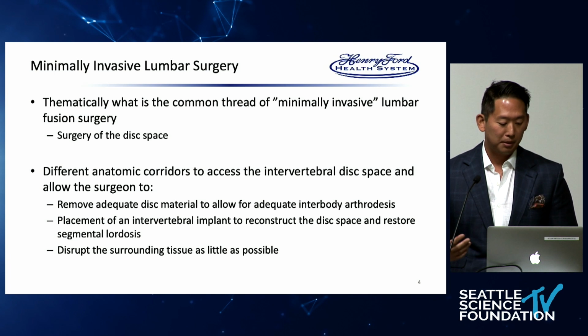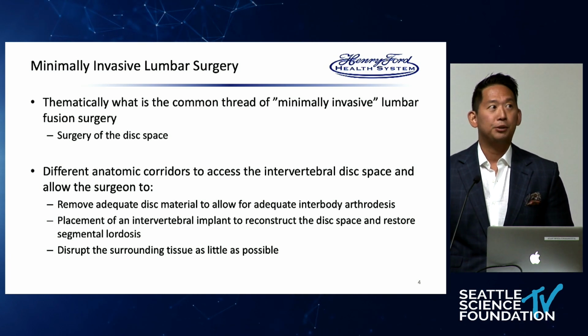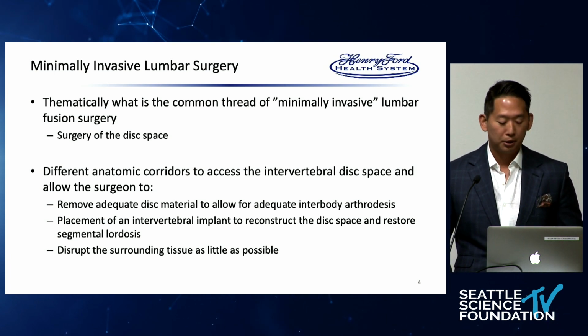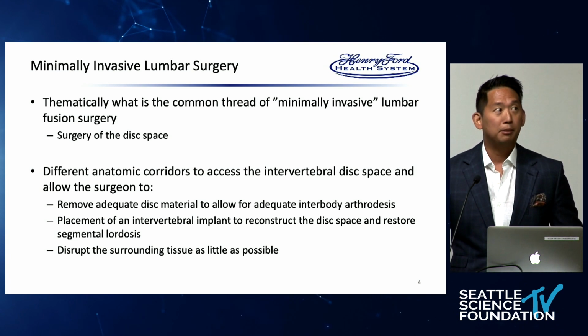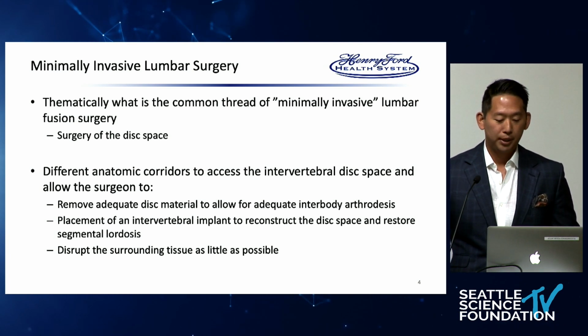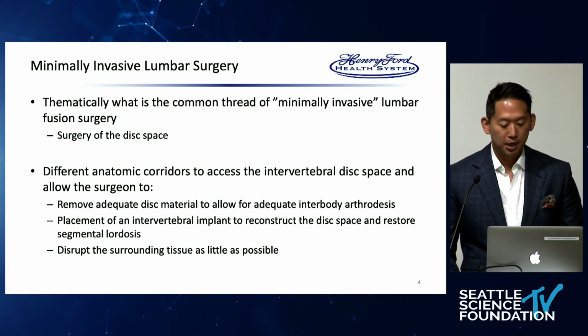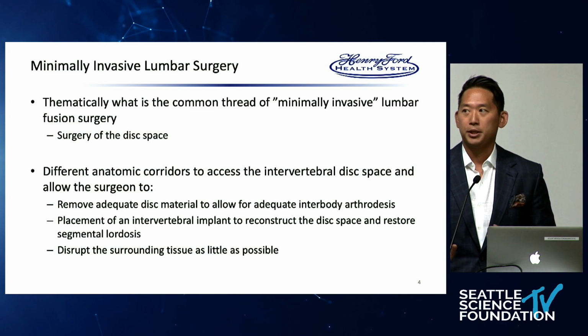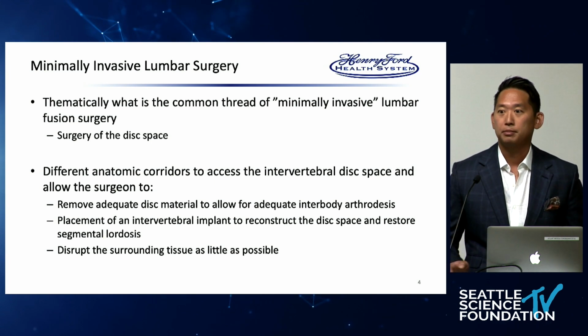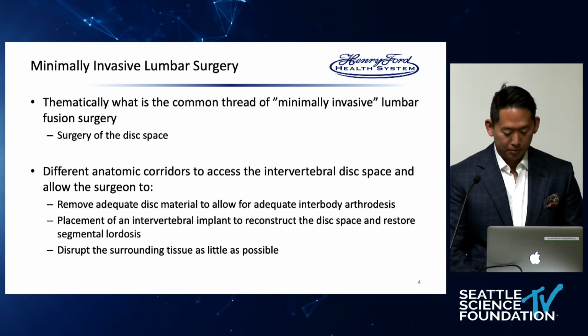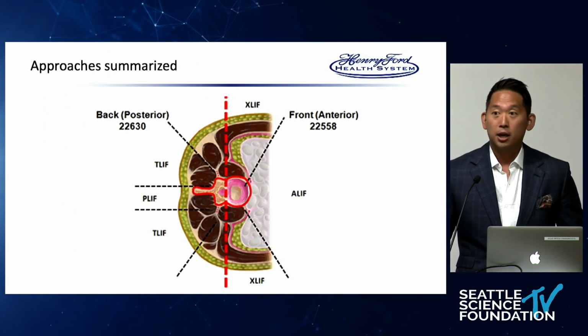You want to remove adequate disc material to allow for a good interbody arthrodesis. You want to place an intervertebral implant to do a disc space reconstruction, and then hopefully restore as much segmental lordosis as you can. And the final thing is you want to disrupt the surrounding tissue as little as possible, because that's really the name of the game for minimally invasive surgery, right?